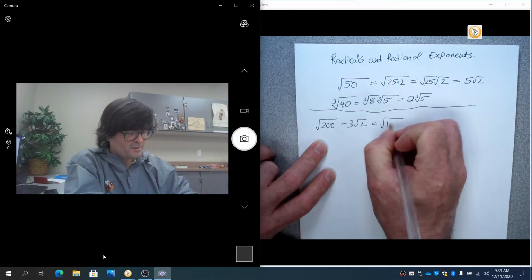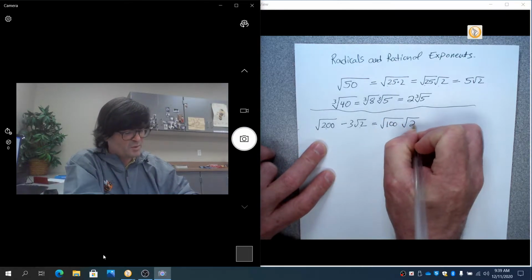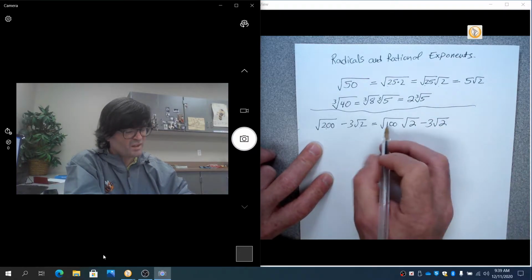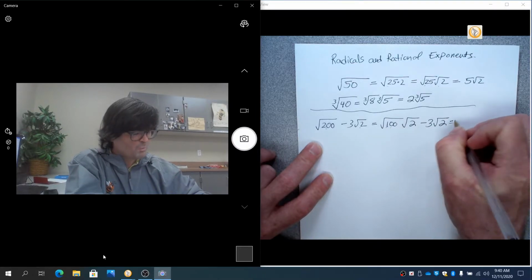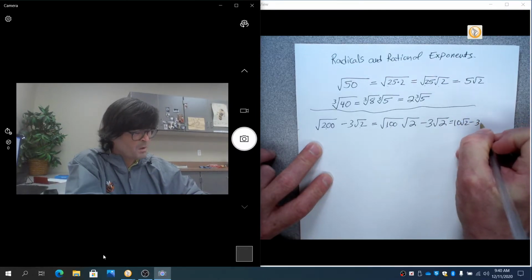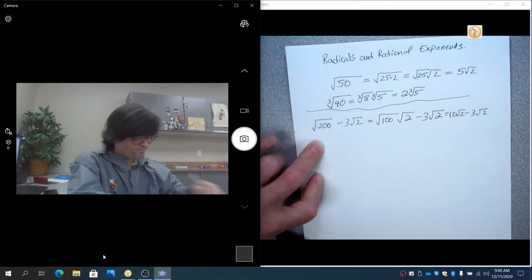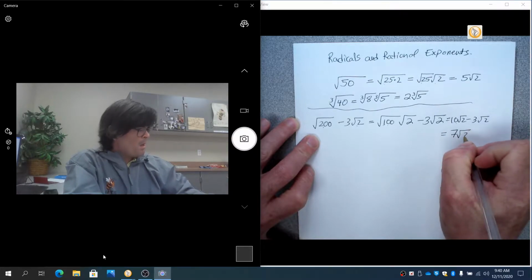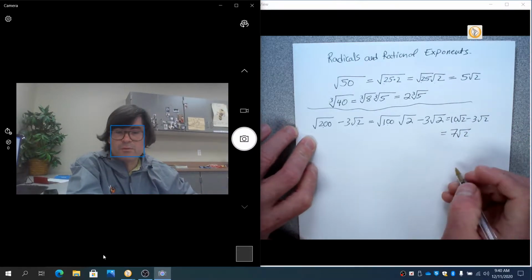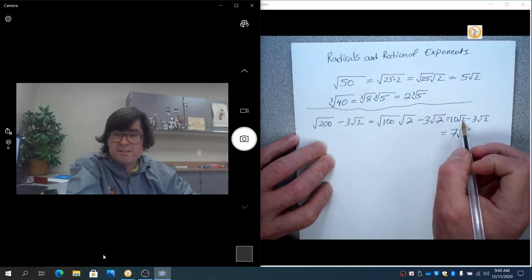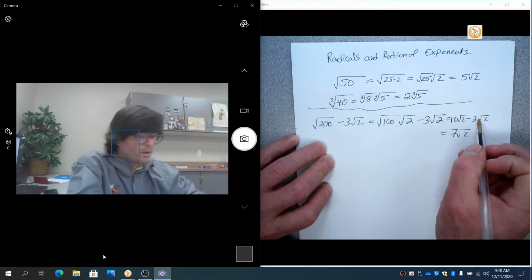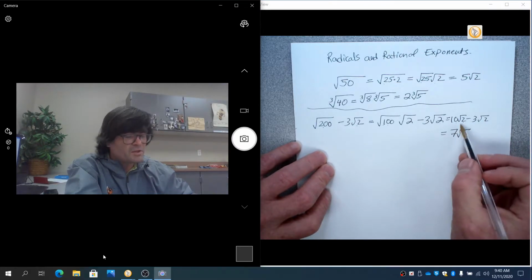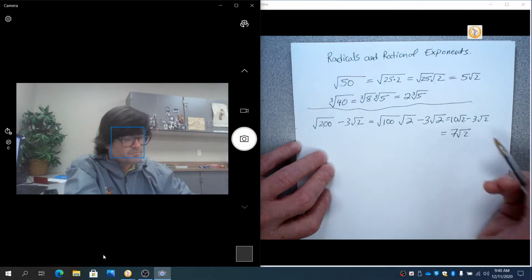So I'm going to write this as root 100 times root 2 minus 3 root 2. The square root of 100 is 10, so 10 root 2 minus 3 root 2 is going to be, excuse me, 7 root 2. So once you have the same root and the same number under the root, you're just dealing with like 10x minus 3x is 7x. 10 roots of 2 minus 3 roots of 2 is 7 roots of 2.